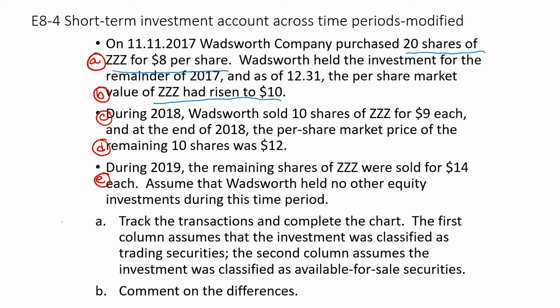Then the following year, we sell 10 shares of ZZZ for $9. And then at the end of the year, the fair value is $12. Then in the last year, 2019, the remaining ZZZ shares are sold for $14 each. So we're going to see how this works first for trading securities.